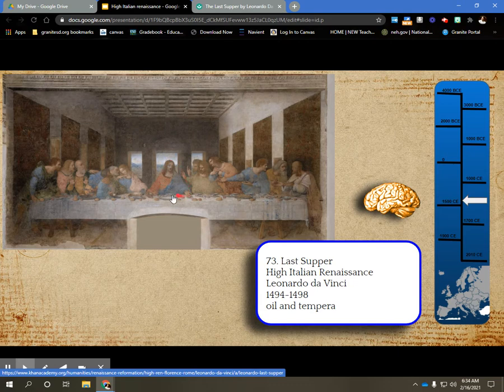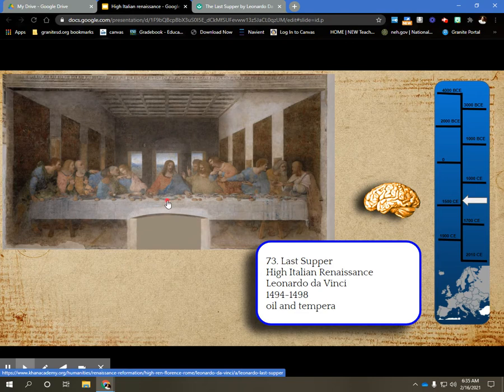He's a little bit bigger than the other figures again, so that he becomes the focal point. He is this great pyramidal composition, and again, this great symmetrical composition. So it has this really nice balance to it.